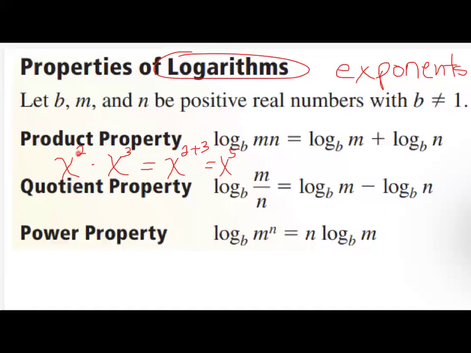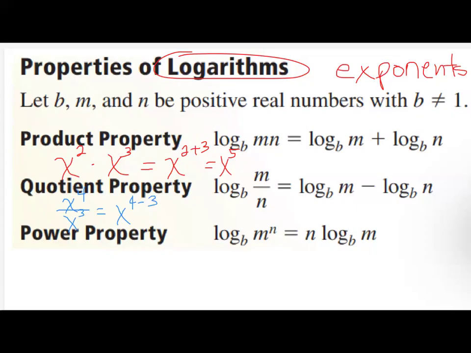So you remember the product property of exponents is the same as the product property of logarithms, because a logarithm is an exponent. Quotient property, quick review. Remember, if you have x to the 4th over x to the 3rd, you're just going to go x to the 4 minus 3.